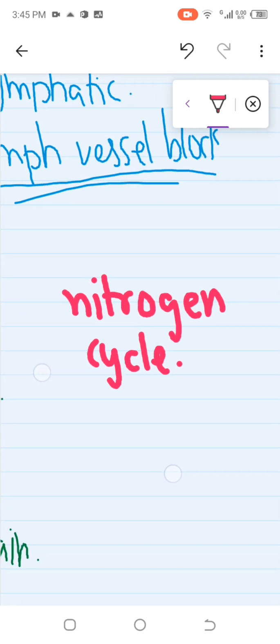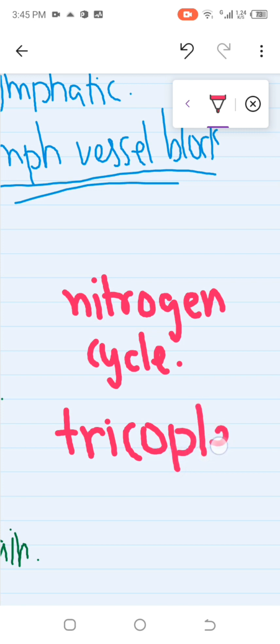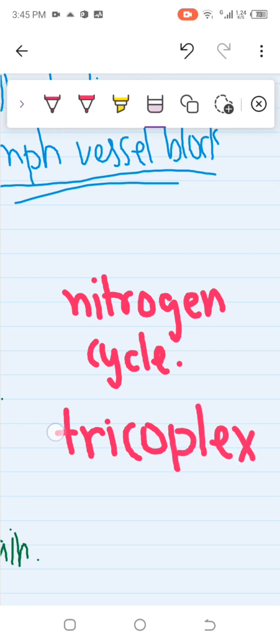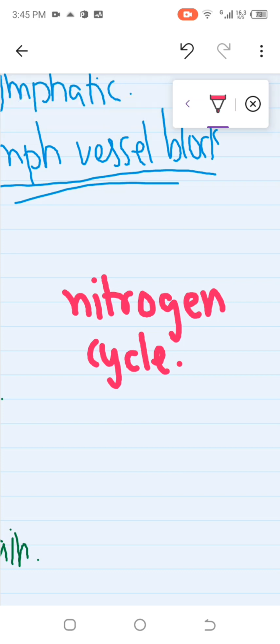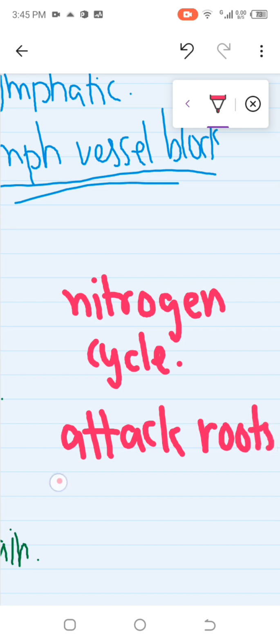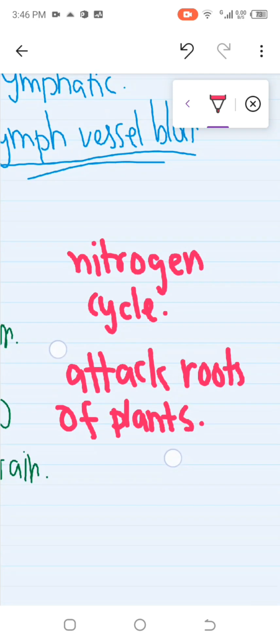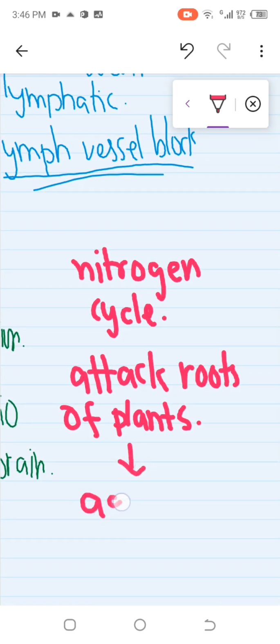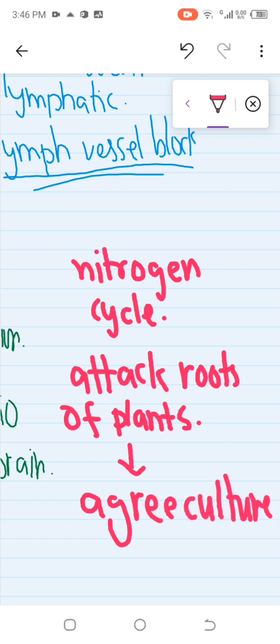Their larva is known as rhabditiform larva. Some round worms are also important because they attack the roots of plants as agricultural pests.